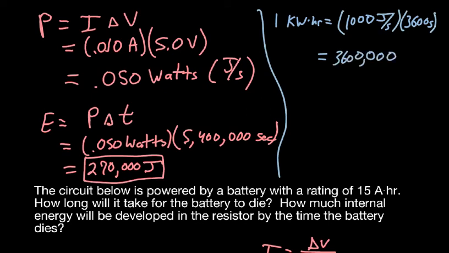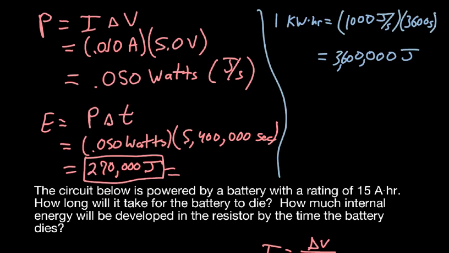And so this is 3,600, and then add 3 more zeros, and that's joules per second times seconds, so that's just joules. So 3,600,000 joules. I'm dealing with 270,000 joules.